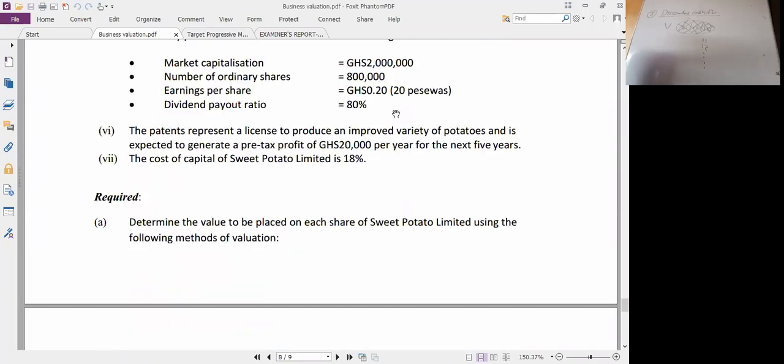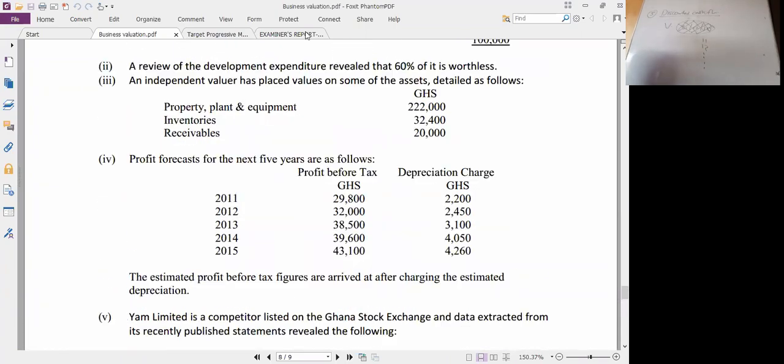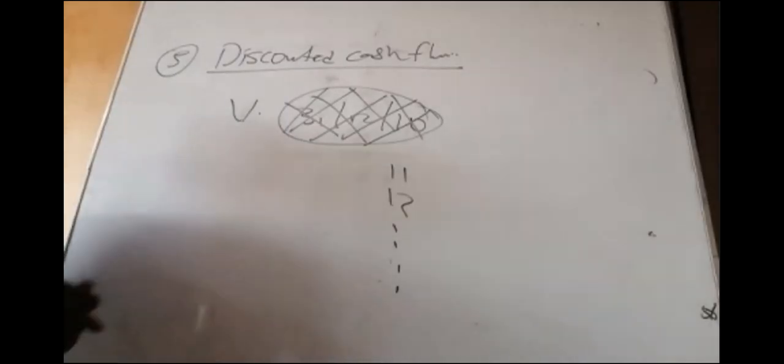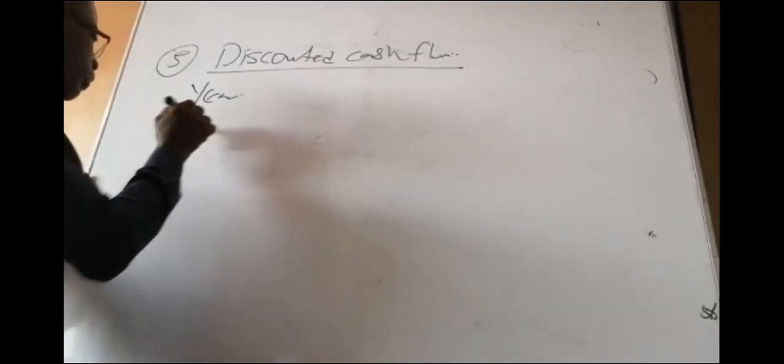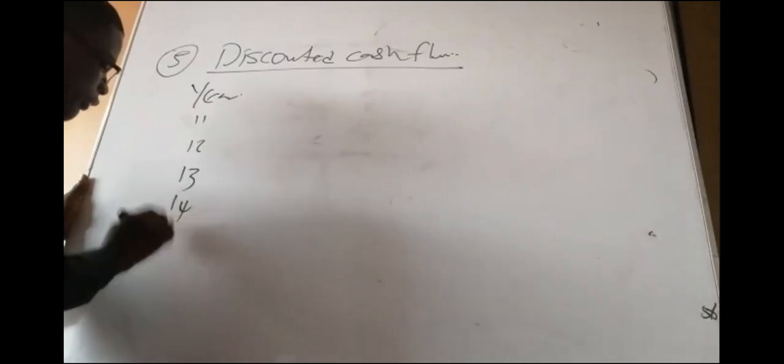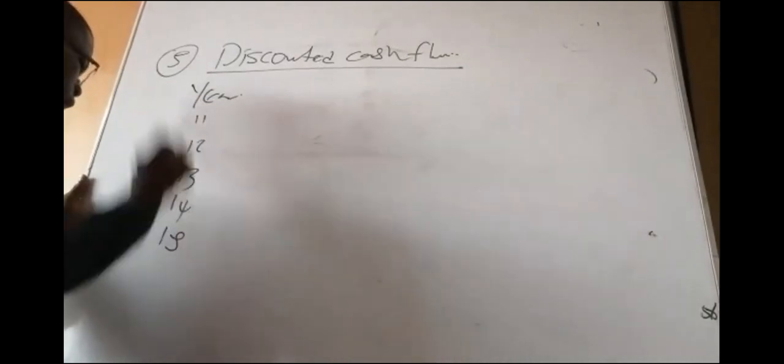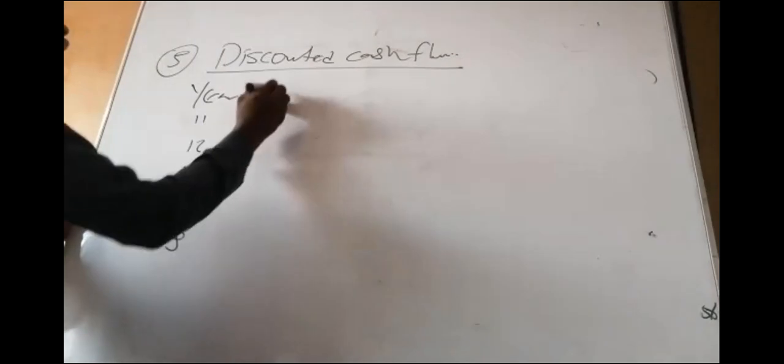Then let's pair this question. Our table will look like this. So we start with the year. We start from year 2011, 12, 13, 14, and 15. 1, 2, 3, 4, 5. Yes, 5 years. I'll start with the profit.